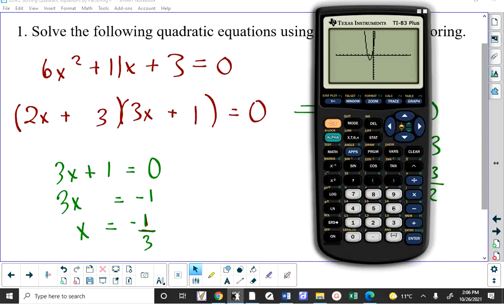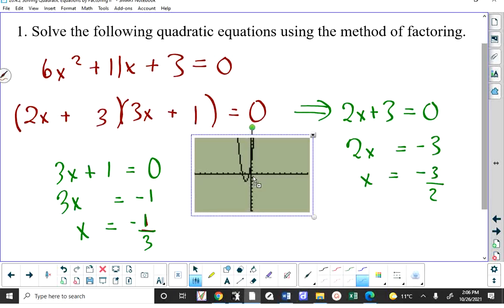Notice that when you go zoom standard, there's an awful lot of wasted space on the left and the right of our parabola. Instead of going from negative 10 to 10, maybe I should go from negative 3 to 1. Again, I think you get this, but what I am getting at is that this stuff over here is wasted.